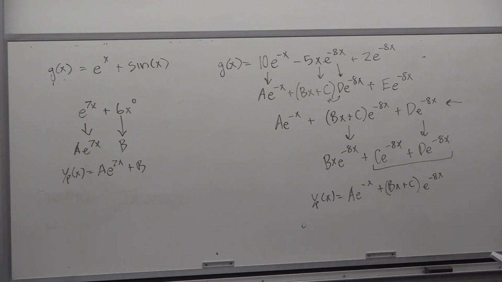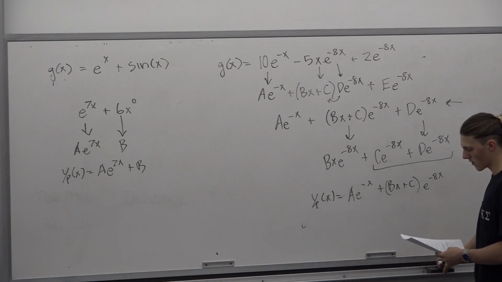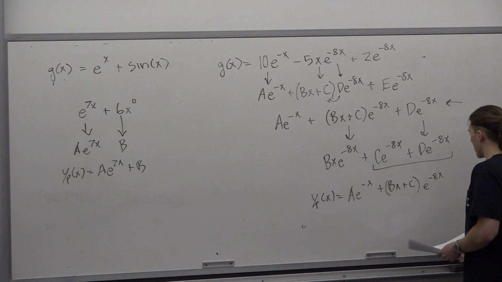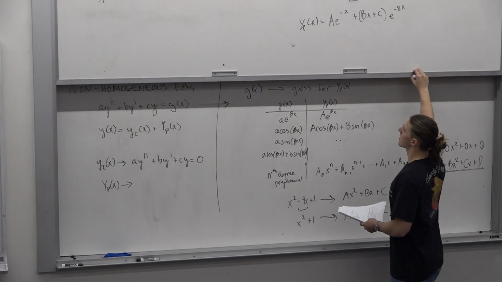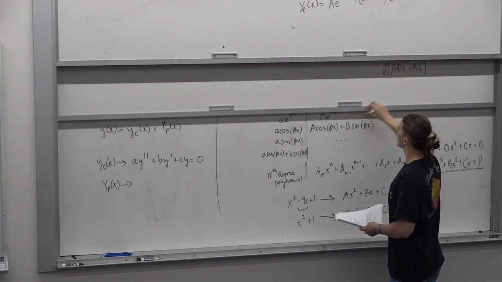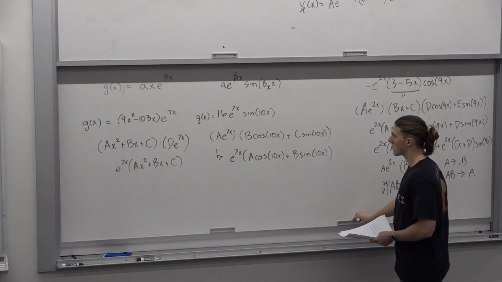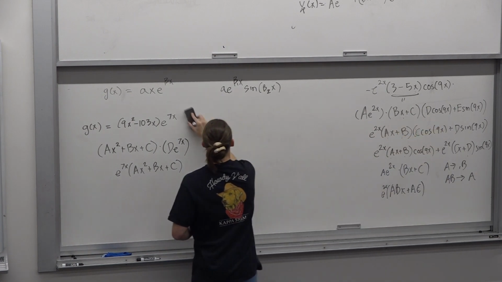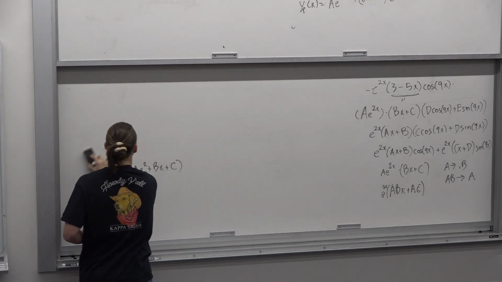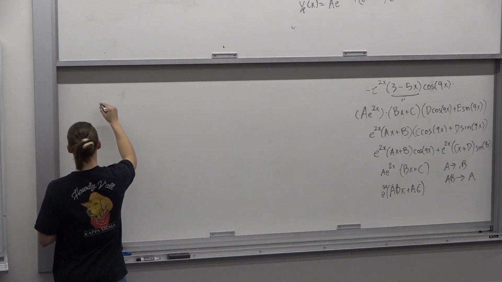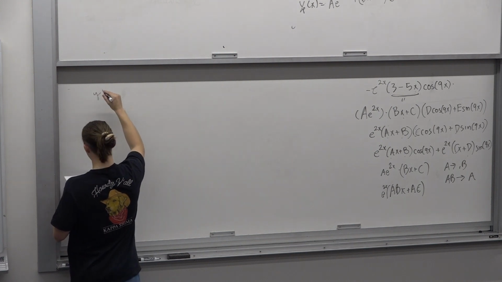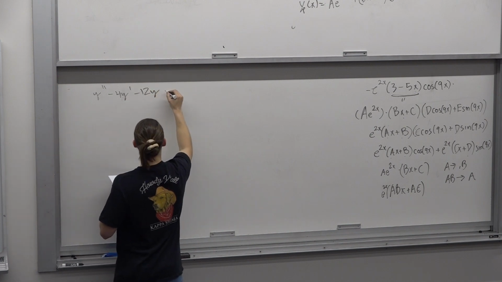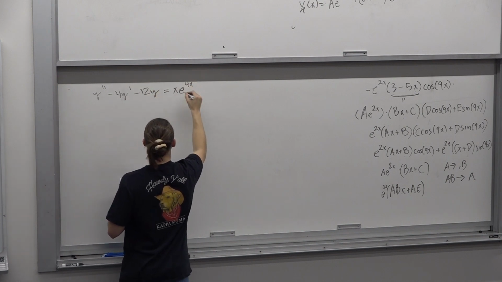So let's do another example. Let's see. y double prime minus 4y prime minus 12y equals x e to the 4x.